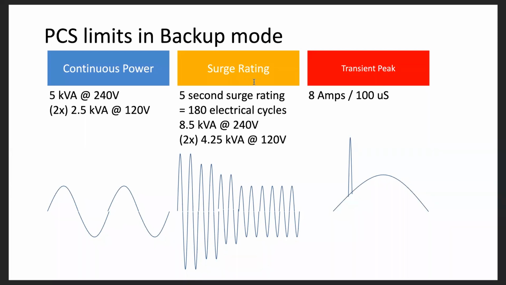It'll surge up to 120% of nameplate rating, which is about 6 kW for up to 30 minutes. It will also withstand about an 8 amp, 100 microsecond transient peak. And in coming slides, we'll look at what types of loads have a transient peak effect on the voltage waveform and what that can do when it's exceeded.